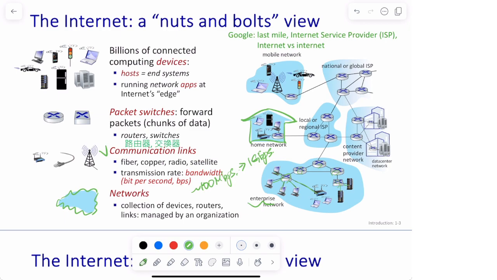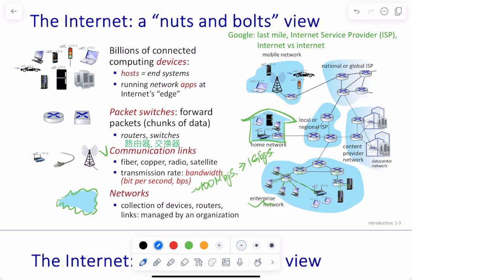But there is another important thing: once you have those small networks, how do those small networks connect to each other and form an even bigger network, and so on and so forth, and at last we have the internet.